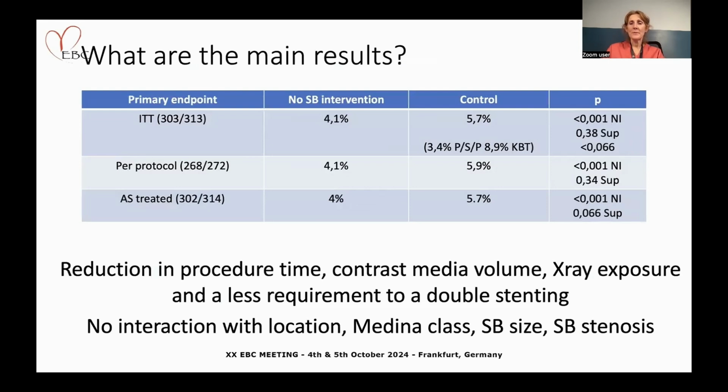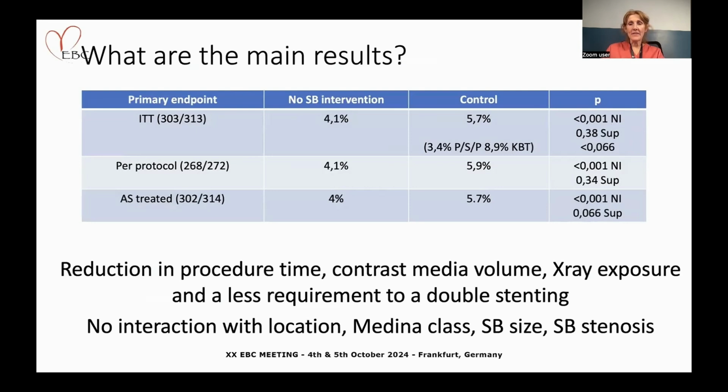So in terms of the primary endpoint, that is peri-procedural MI, what are the results? There is no difference in either the intention to treat, the per protocol, or as treated population in terms of peri-procedural myocardial injury for either strategy.